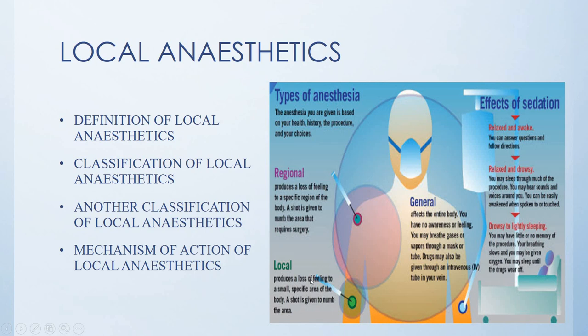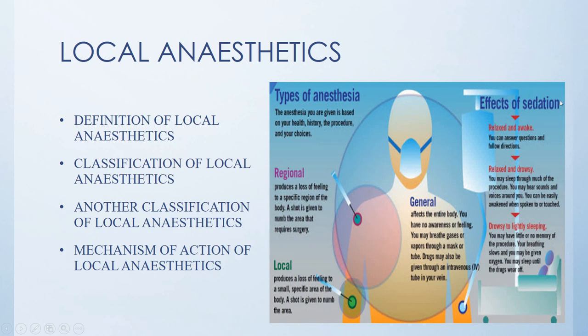So this way you can get an idea, dear students, that local anesthetics and general anesthetics are mainly provided by intravenous route of administration or maybe topically in some cases. In general anesthesia, it is provided throughout the body, and in local anesthesia and regional anesthesia, it is restricted to certain parts of the body.